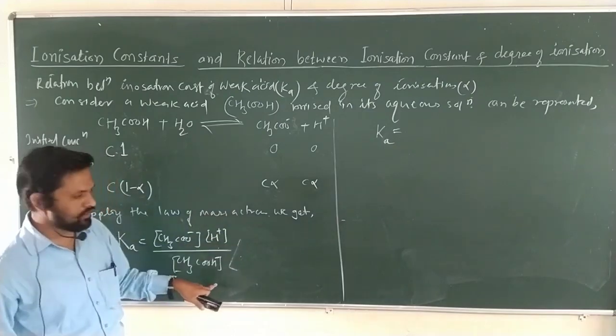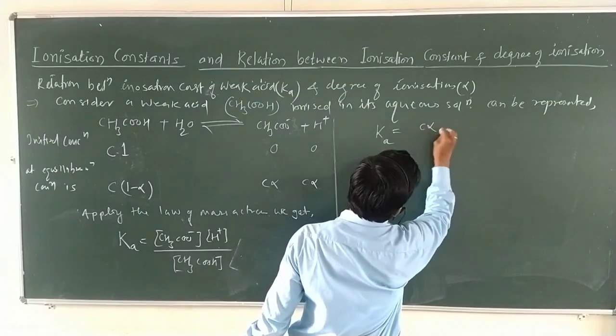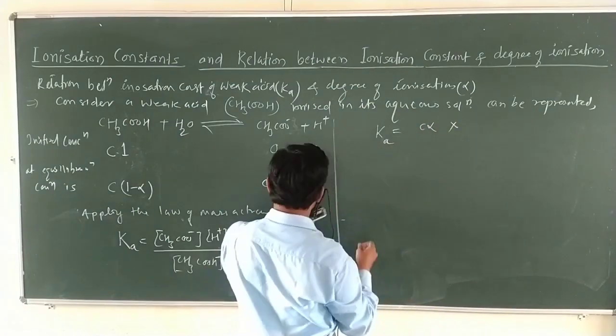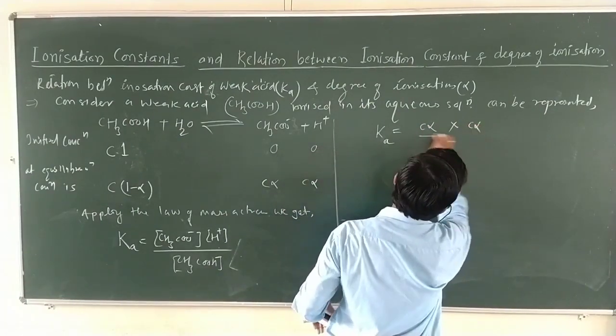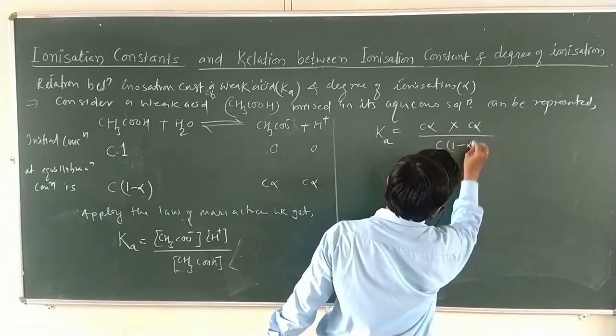You will get the concentration of acetate ions, C alpha, multiplied by the concentration of H plus, C alpha, divided by the concentration of acetic acid, C into 1 minus alpha.